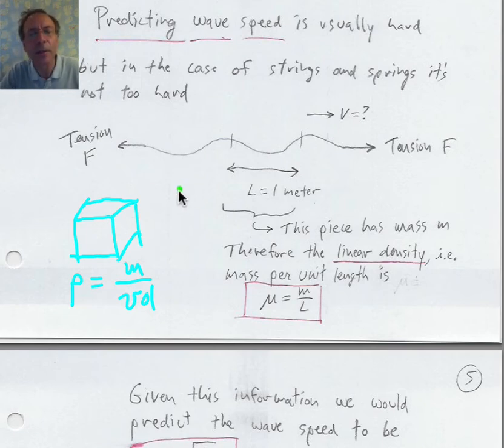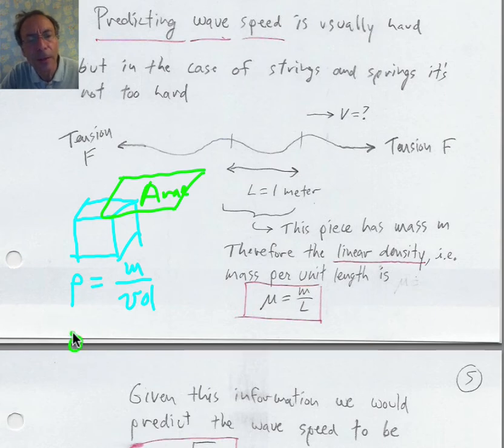Maybe you're putting bricks on the floor of your house, and so in that case, you have the surface density, which would be the mass per unit area, and we're here talking about the linear density.